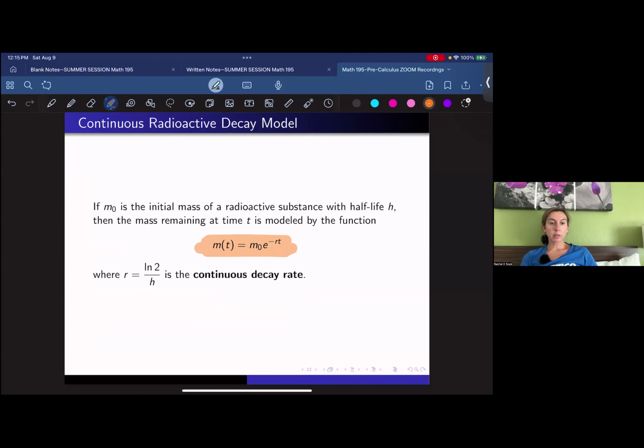And in order to solve a problem that does involve your half-lives here, we have that decay rate be represented as ln of 2 over h. This is our sort of continuous decay rate constant, right? It's not a constant because it changes based off of your h, but you're utilizing this for any decay model problem. Okay.